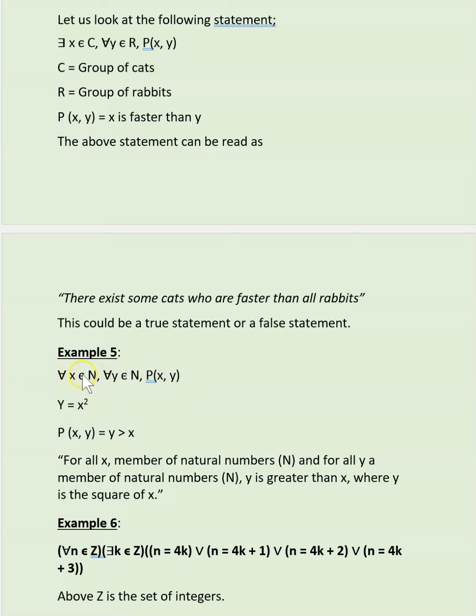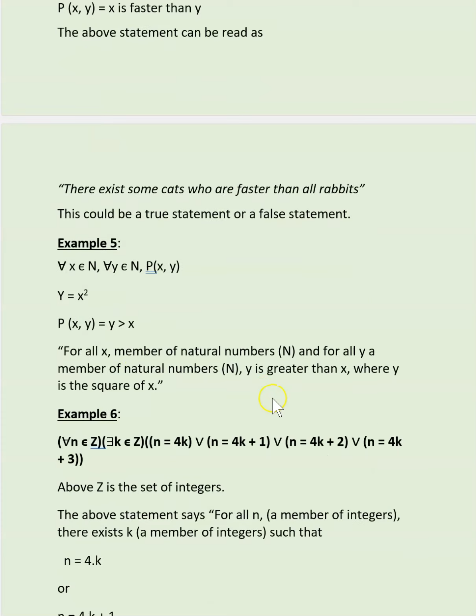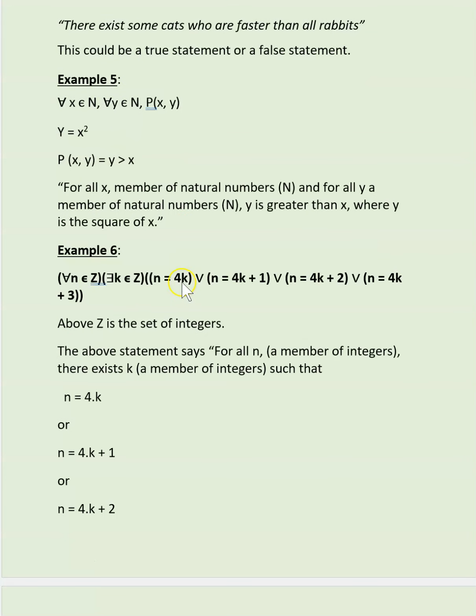N equals natural numbers. For all x a member of natural numbers and for all y a member of natural numbers, y is greater than x, where y is the square of x.